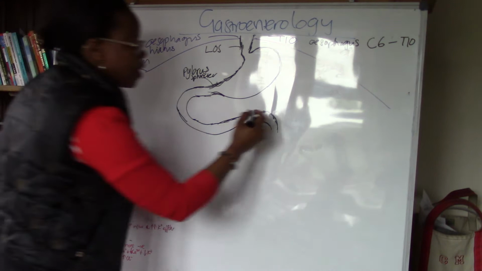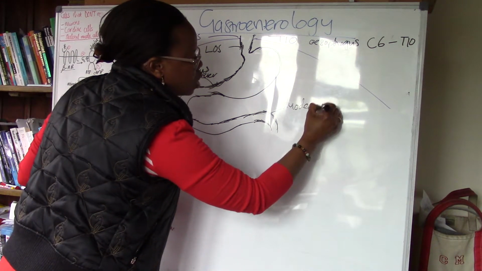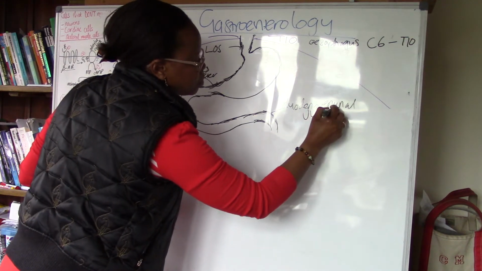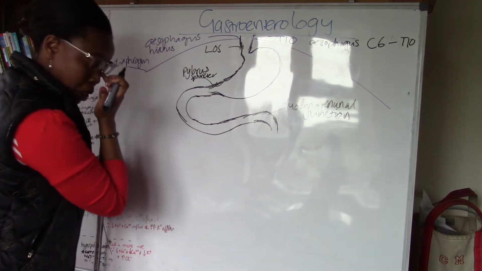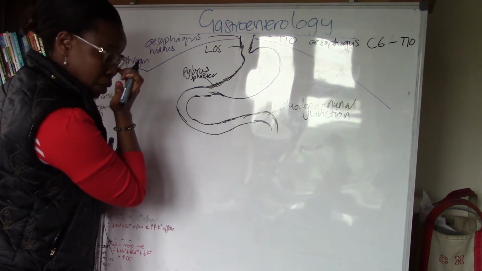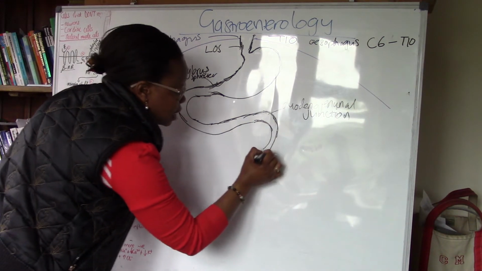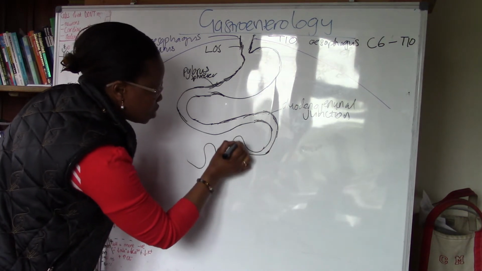And then at the duodenojejunal junction, it becomes the jejunum. The jejunum is part of the small intestine which then continues into the ileum.